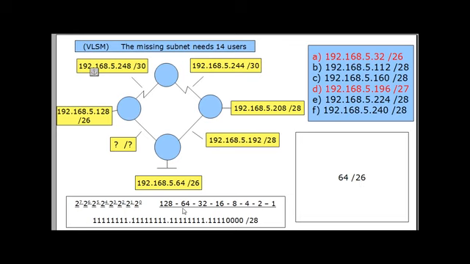We look at our chart here, and we can see that if we had 8 bits here, 8 bits here, 8 ones here, that's /24, right? 25, 26, like that. That's a /26. 26 ones and 6 zeros, right?